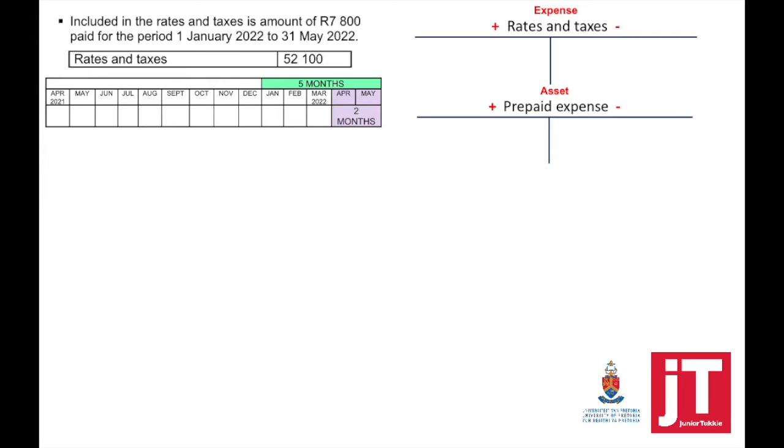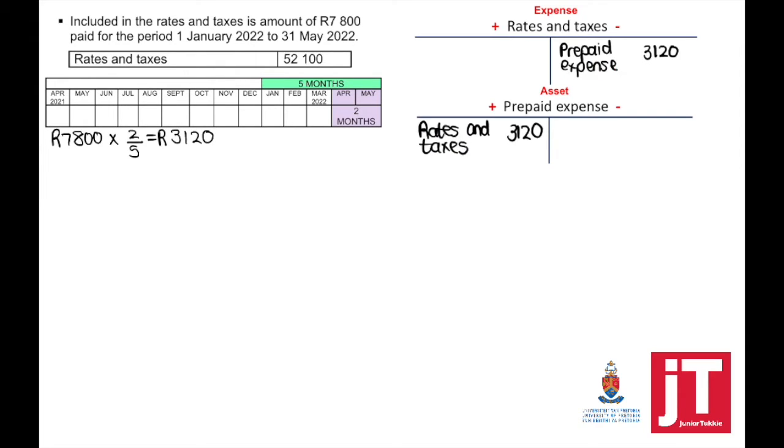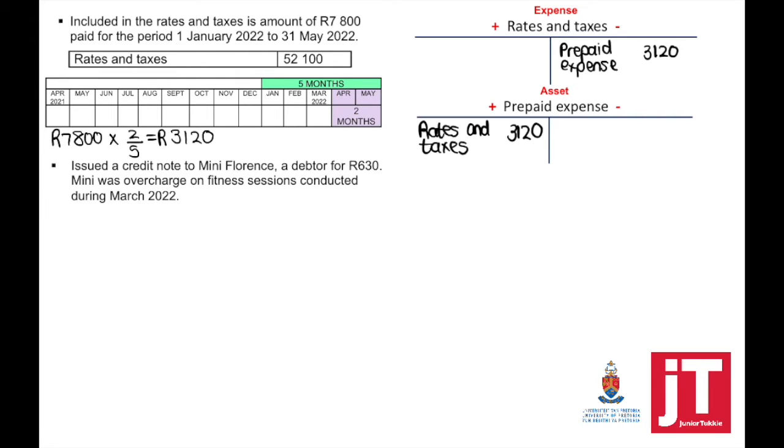Please be careful with this. Don't just assume that rates and taxes 7,800, which is included into that total, was paid over 12 months. We've paid it from the 1st of January until May, which means 2 out of the 5 months must be taken out. Rates and taxes will be credited and prepaid expense will be debited.